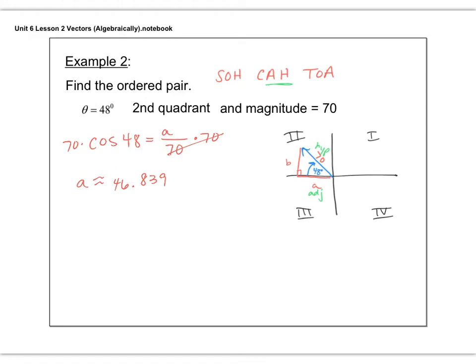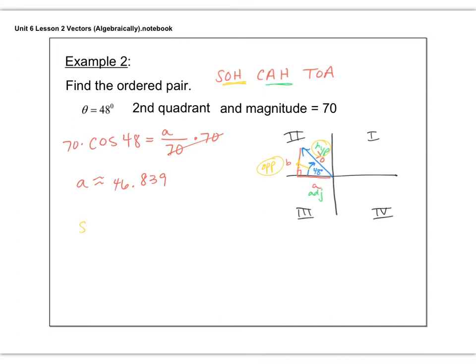Now let's find the vertical component. The vertical component is B. B is opposite of the 48. I want to use the 70 again because I know that's right. In case my 46.839 is not right, I don't want to use that. I use the information that was given. And so in this case, we're going to do opposite and hypotenuse, which is part of sine.